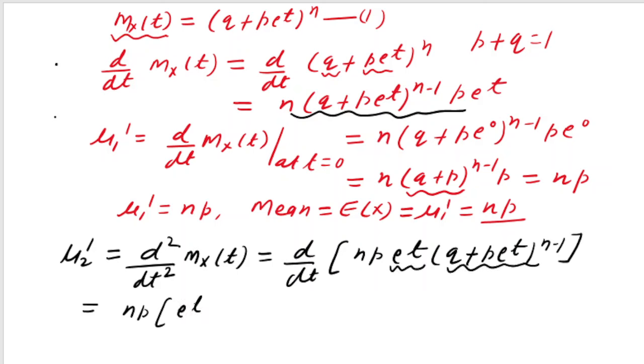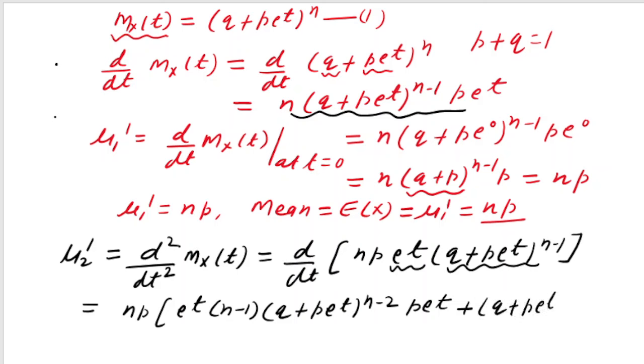So first function into derivative of second function will give me n minus 1 into (q plus p e to the power t) whole to the power n minus 2, and you have to differentiate the inside again with respect to t, which gives p e to the power t. Plus second function, (q plus p e to the power t) whole to the power n minus 1, times the derivative of e to the power t, which is e to the power t.